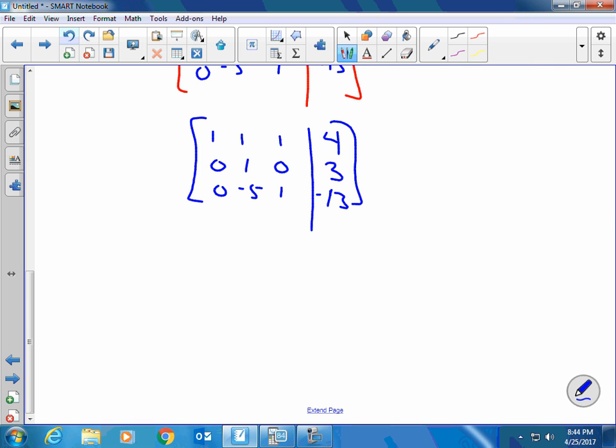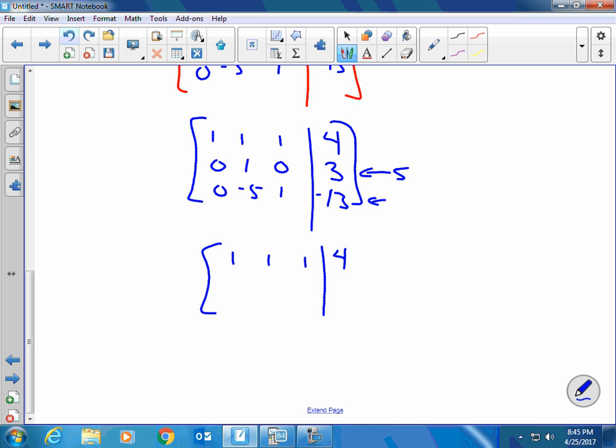Okay? Looking good so far. I have 1s on the diagonal, and I have a 0 right here. I need this negative 5 to be a 0. Remember, I used the row above it to cancel it. So I need to multiply this row by 5 and add it to this row. Rewrite the top because we're not going to do anything with it.